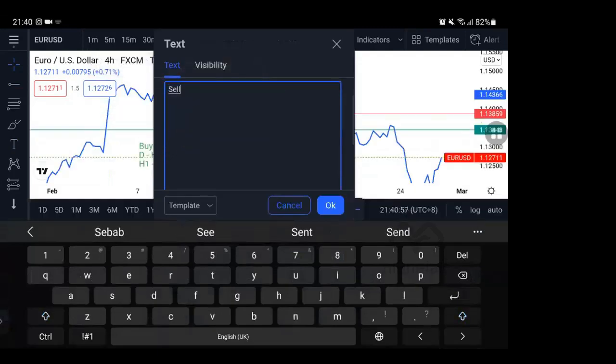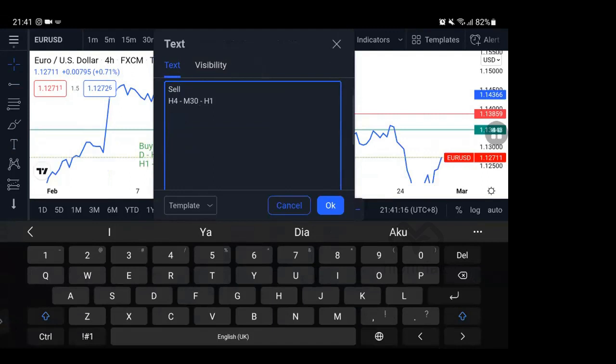So the sell will be H4 for direction, M30 for the setup, then H1 for our bias.